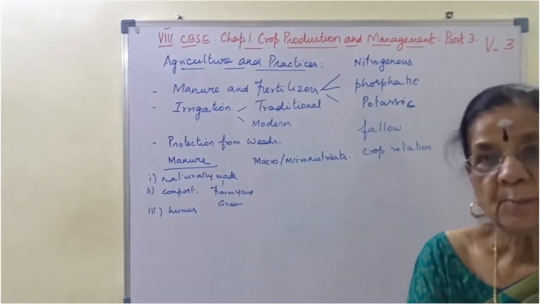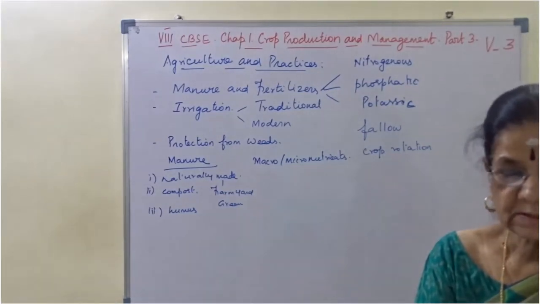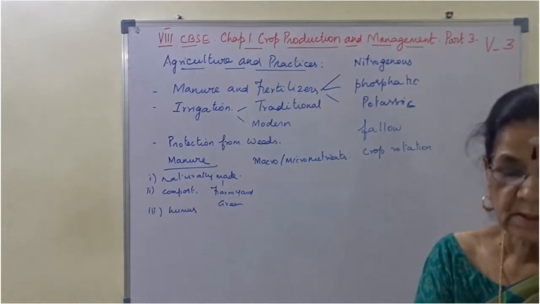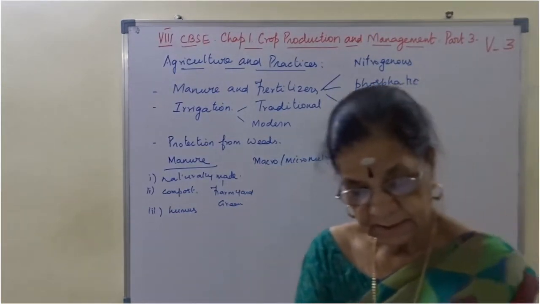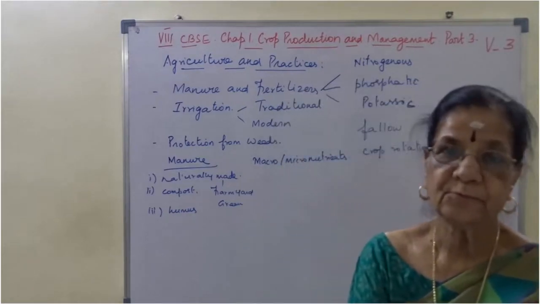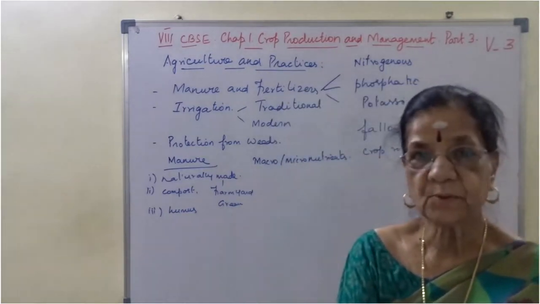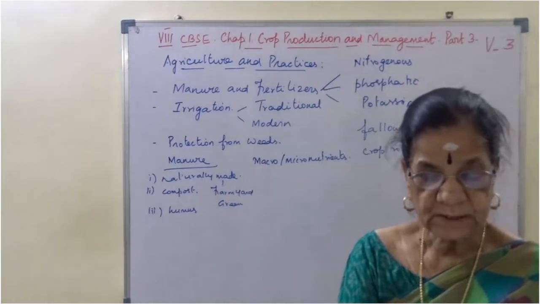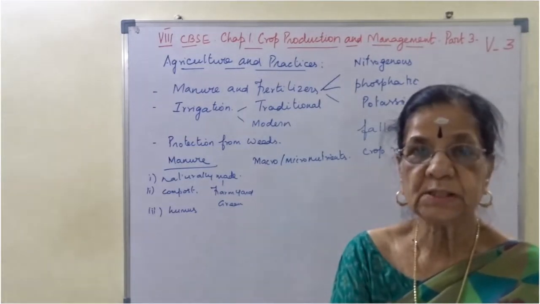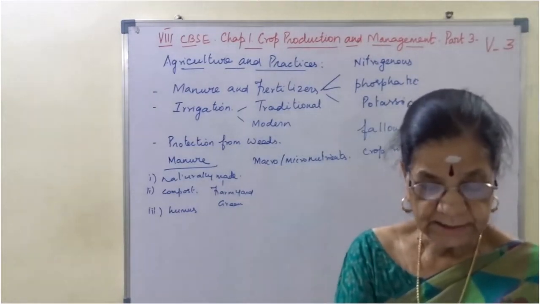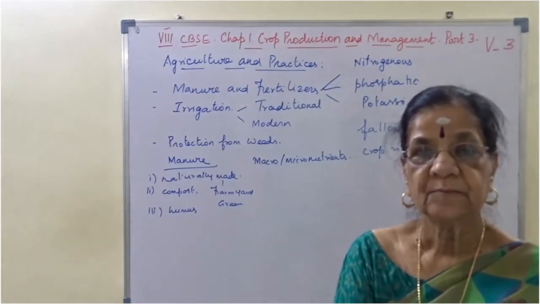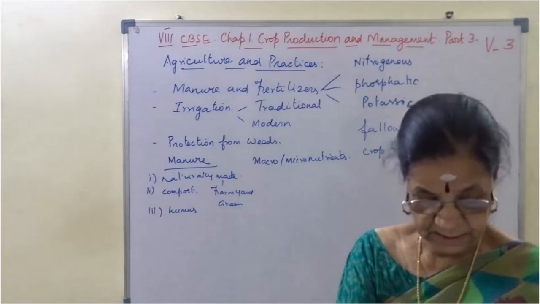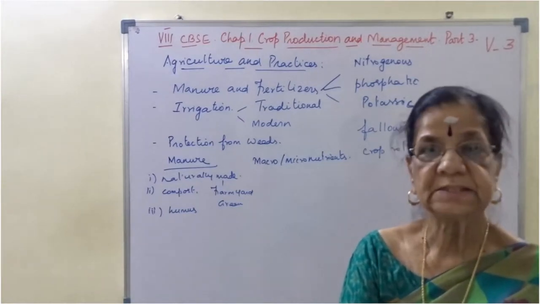Whereas manure is a natural substance obtained by decomposition of cattle dung, and it can be prepared in the field, like the compost. It provides a lot of humus to the soil, and it is relatively less rich in plant nutrients. I hope you understand. It's given in our textbook, page 7.